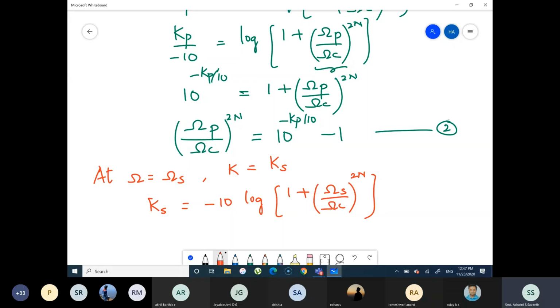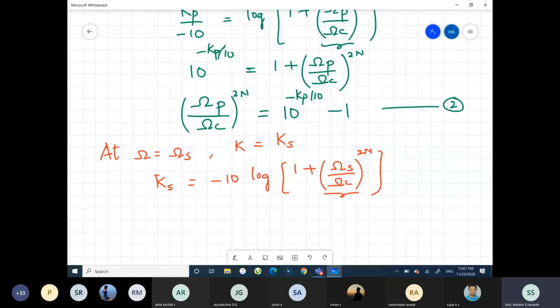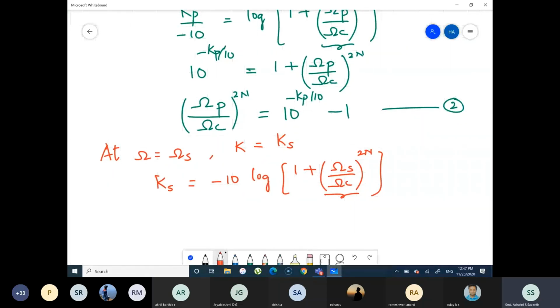Again, let's write down what is omega s by omega c whole to the power 2n. So minus 10 to the left hand side, minus ks by 10 equals log of 1 plus omega s by omega c to the power 2n.